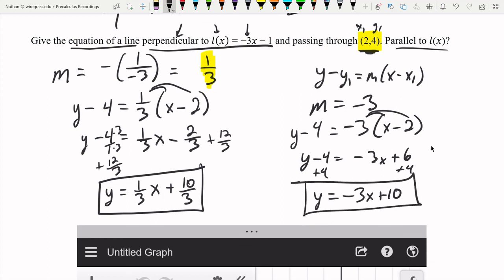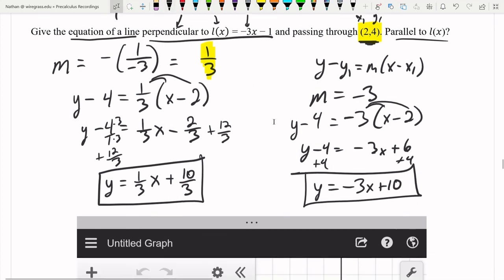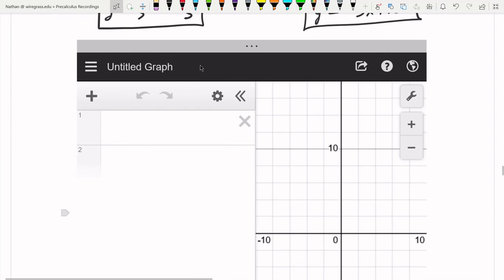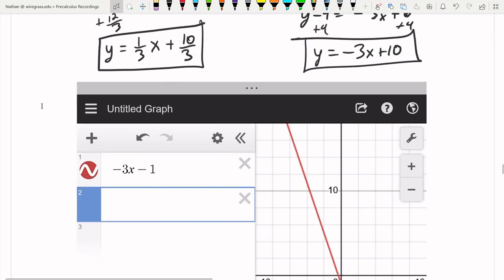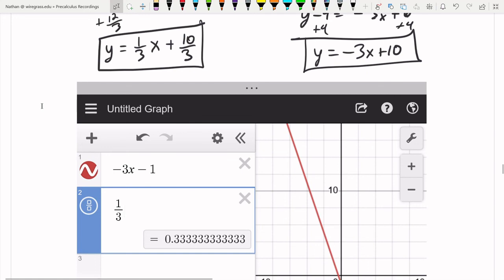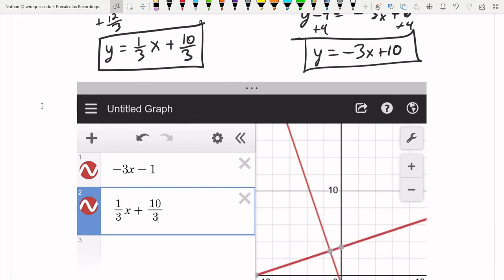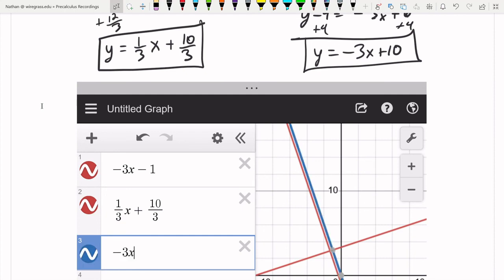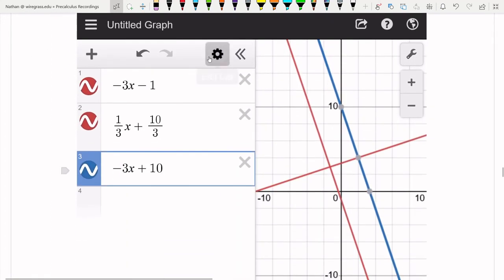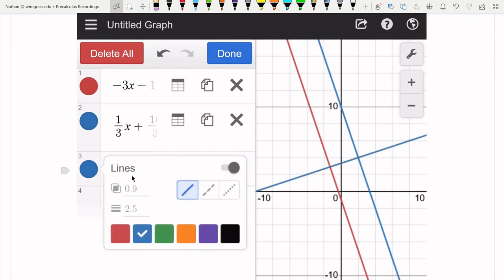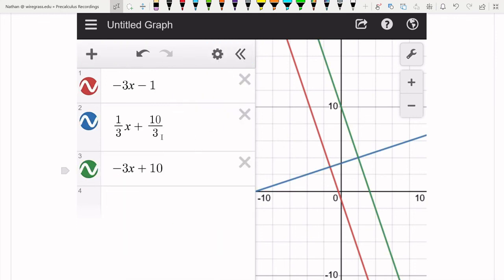Let's graph this and show that it's actually true. All right, so let me turn off this.